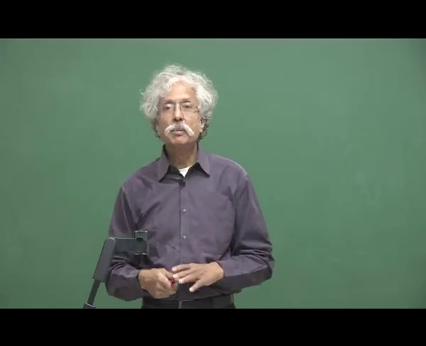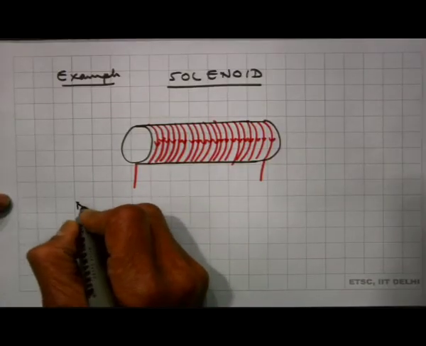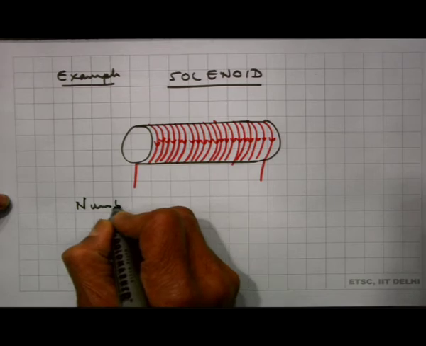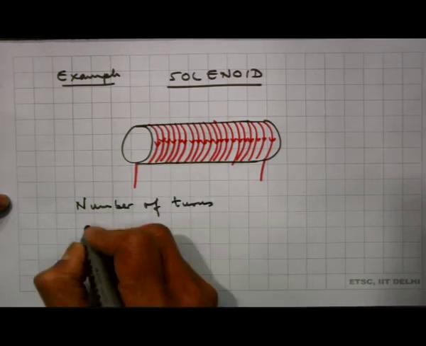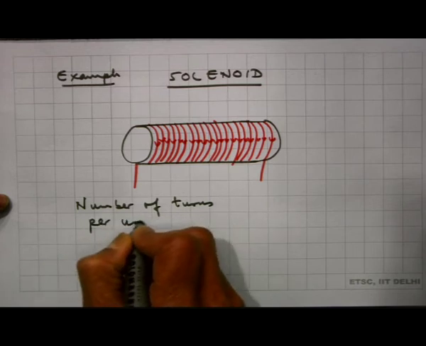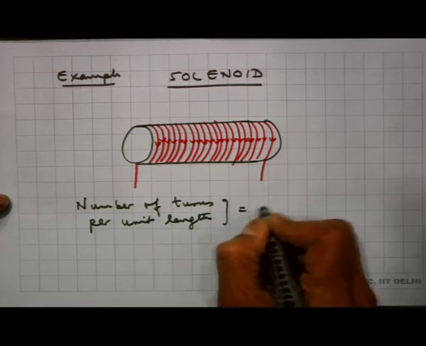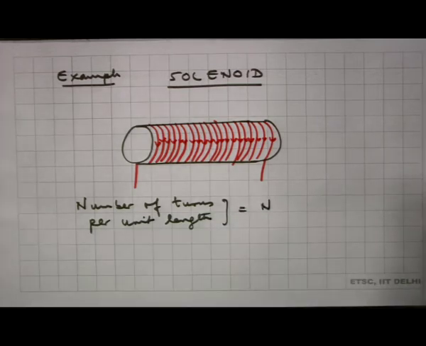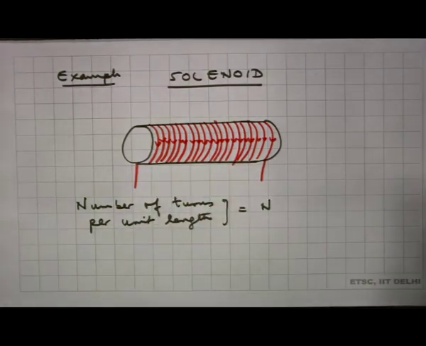It is used to create strong magnetic fields, and usually we define the number of turns per unit length, which means I take a small unit length of this and calculate the number of turns. That is a quantity I need to know, because, as we will see, that will define the magnetic field.